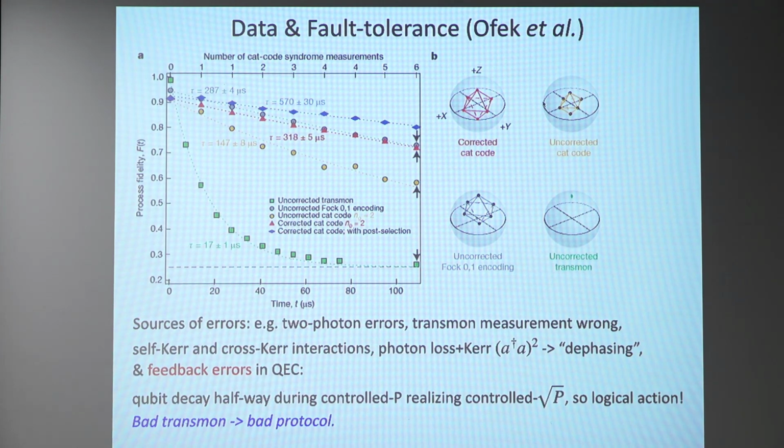So instead of doing controlled P, it could be doing controlled square root of P. Okay, that's a very special thing, but roughly like this. So the point is that your transmon actually leads to extra errors, extra rotations, that can be a problem.